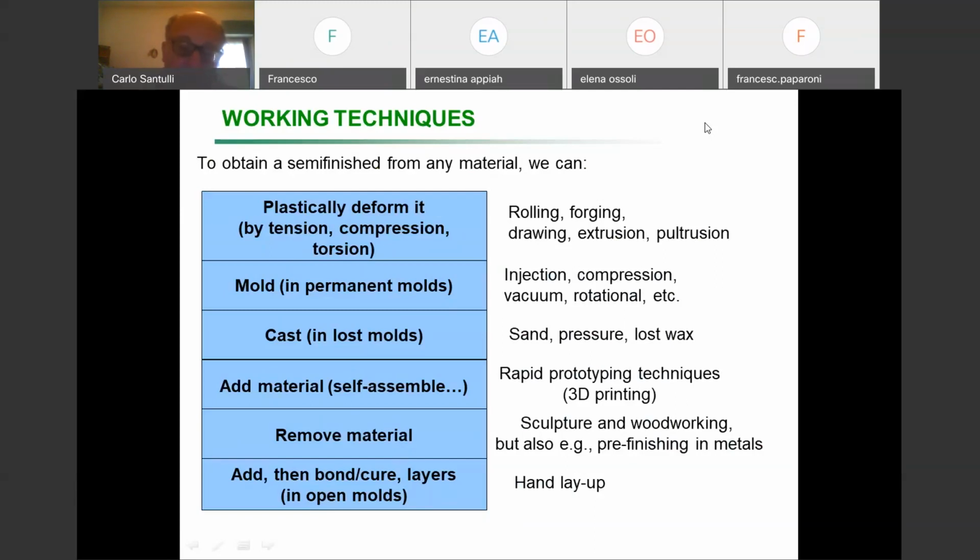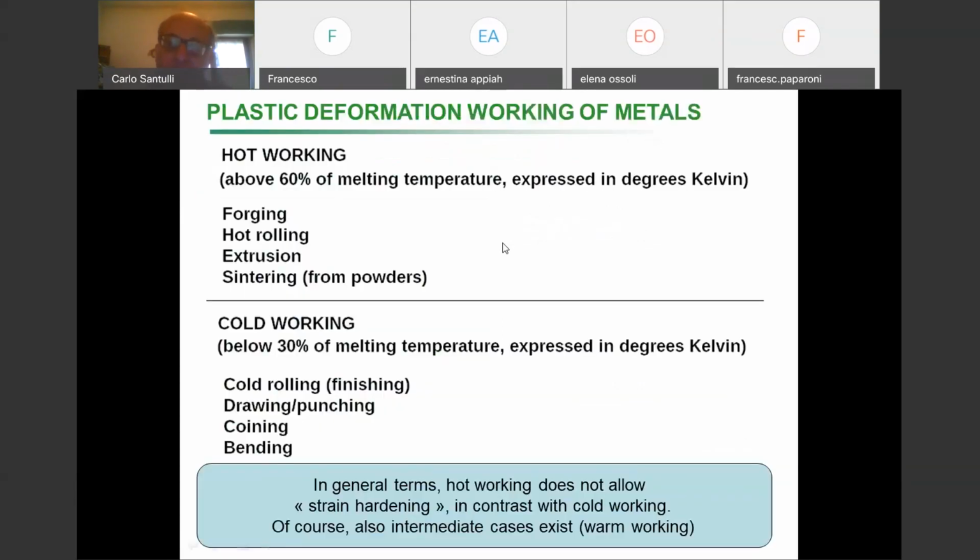And coming back to metals, trying to concentrate on metals, we try to make a point on plastic deformation. Plastic deformation can be divided into two big categories. One really big category is hot working.